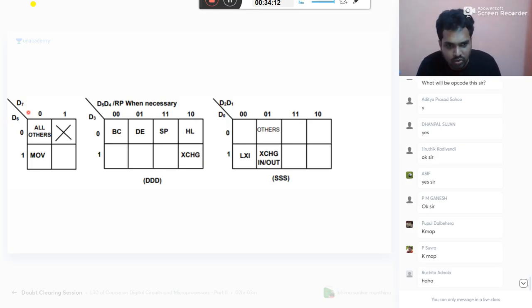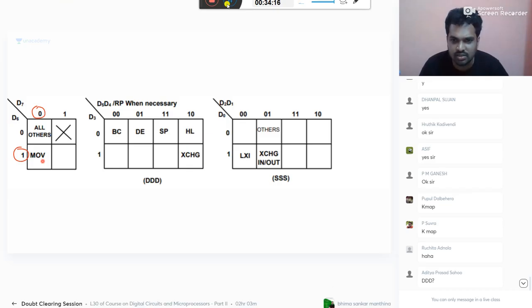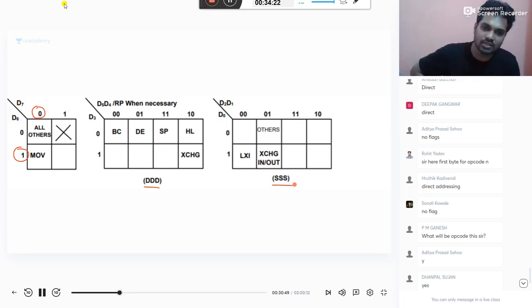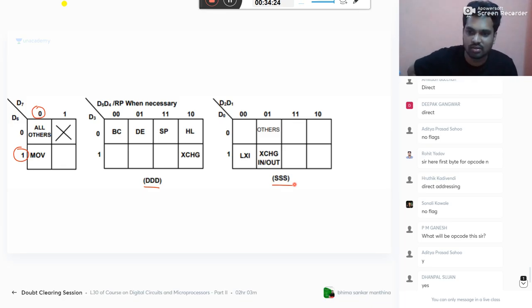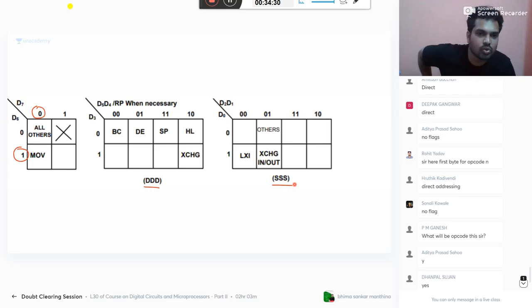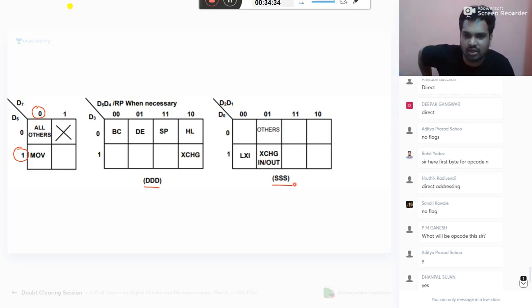Actually, for move, we know the code. These destinations, you should also think. What is the meaning of D? What could be the things? You should think. For store, I don't have it. If you want, I can get that, but it is not required for us.